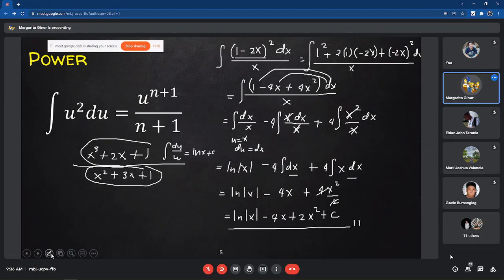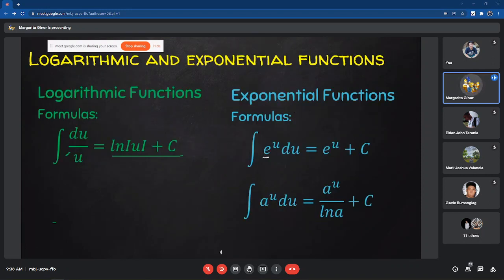Okay, now the logarithmic and exponential functions. If you see e raised to u, whatever the exponent is, that is the value of u. And the value of u must be the value of du. Okay? Then your final answer will be just e raised to u plus c. How about this one?